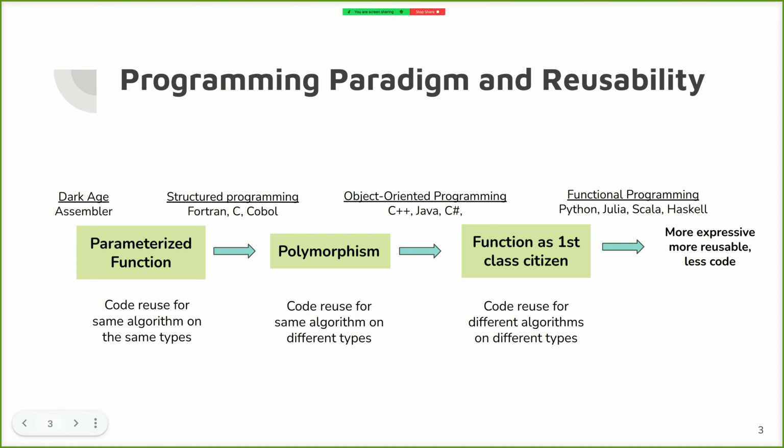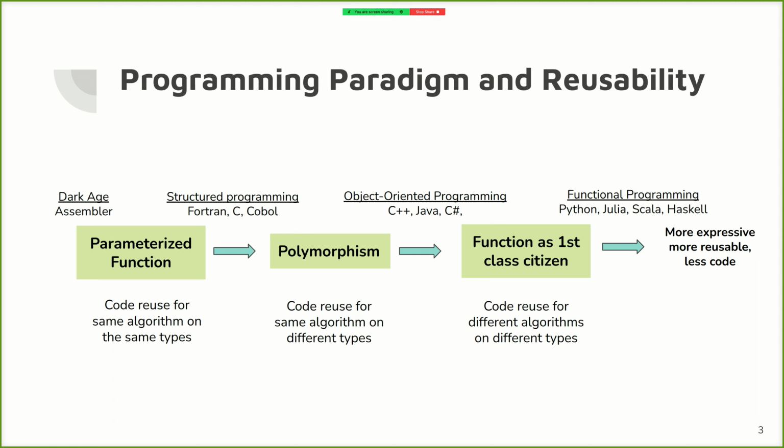The next big innovation in programming paradigms is polymorphism. A polymorphic function allows a specific algorithm to be written once and be used for different data types. This is a clear improvement from parameterized functions, which can only be applied to the same types.